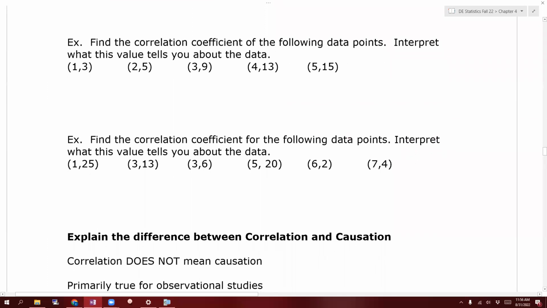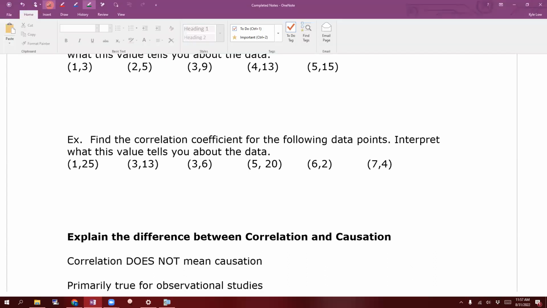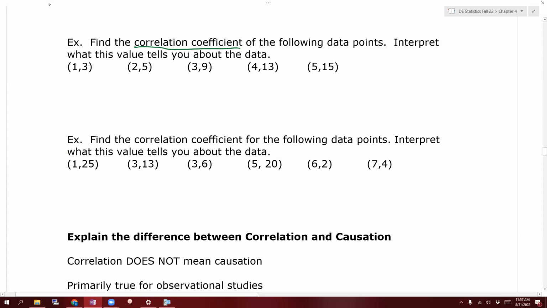So here we have 2 examples. I would like you to go through, put those into your calculator, and then find the R value, the correlation coefficient. So find both of those, and then we'll talk about the answers in a second.